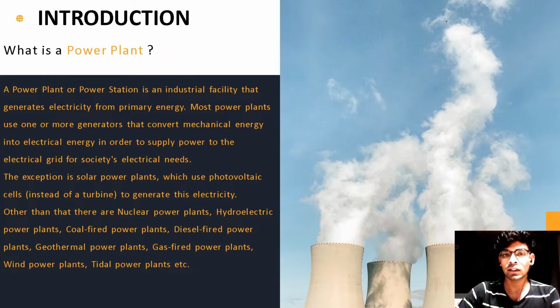These facilities convert mechanical energy or thermal energy to electrical energy using huge generators, and that too from primary energy sources such as coal, oil, natural gas, water, etc. And based on that, they are divided into different types of power plants. For instance, hydroelectric power plants, solar power plants, coal-fired, diesel-fired, gas-fired power plants, and so on.